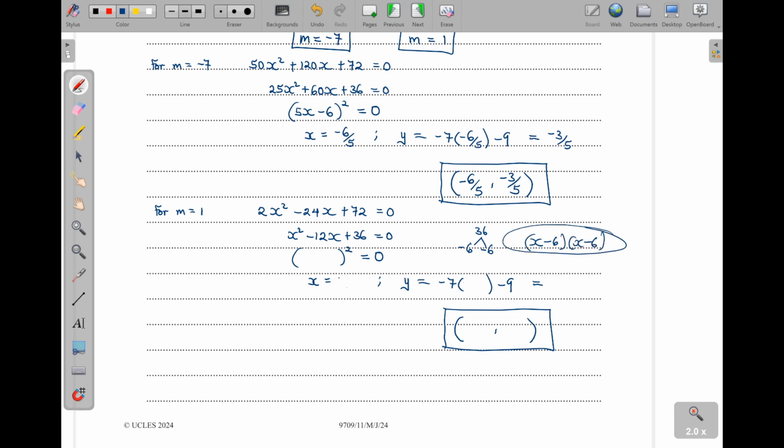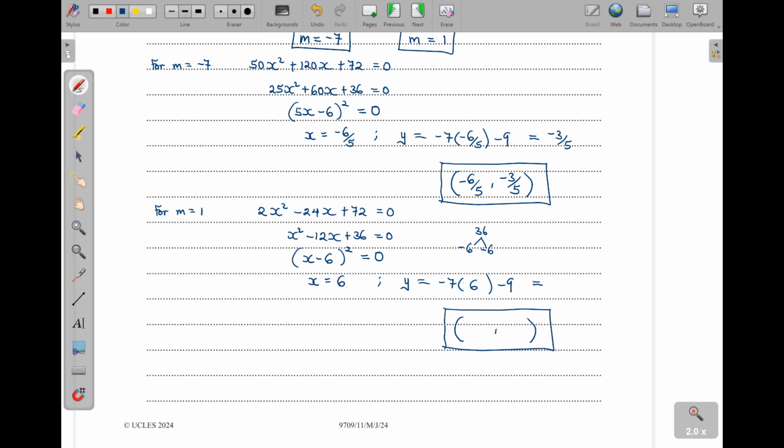So instead of this, then I can just write x minus 6, then brackets what? Squared. You see that? Okay. Then what else do we do here? Of course, when you equate this one to 0, x is going to be equal to 6. So what will be y? Y is going to be negative 7 times that 6 there.